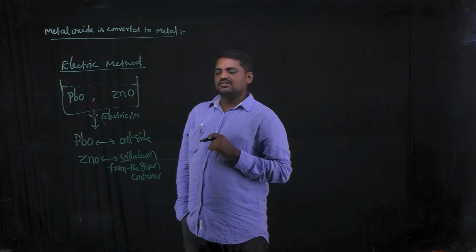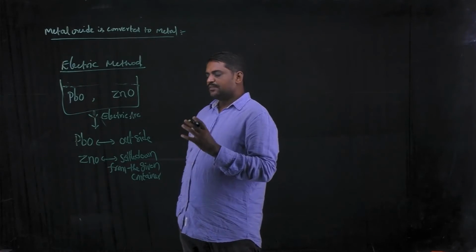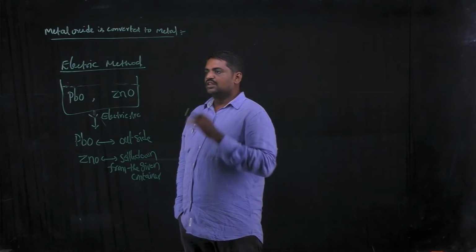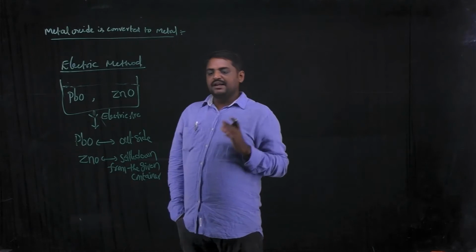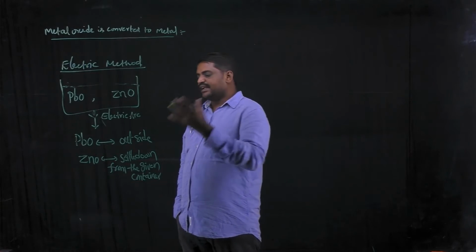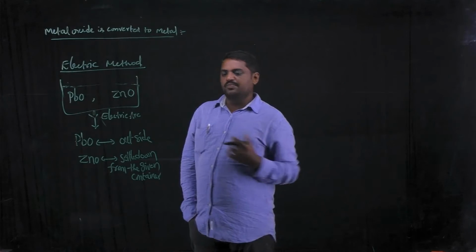Some of the metal oxides are converted to pure metals, but these metal oxides are separated, and also this method is used. Two different metal oxides are also separated, and then these metal oxides react with carbon and are converted to pure metals.